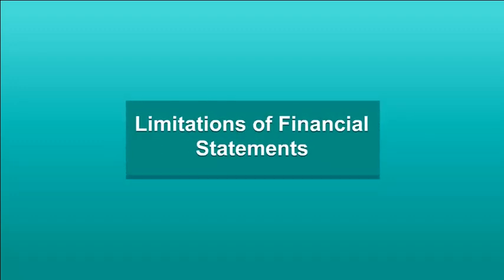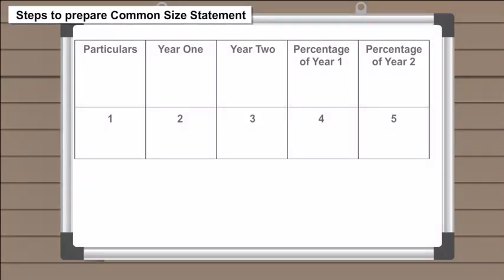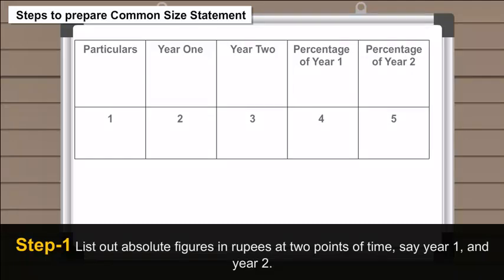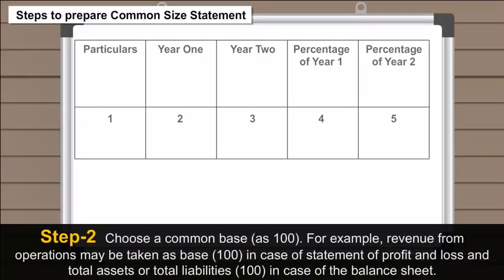Steps to prepare common size statement. Step 1. List out absolute figures in rupees at 2 points of time, say year 1 and year 2. Step 2. Choose a common base as 100.